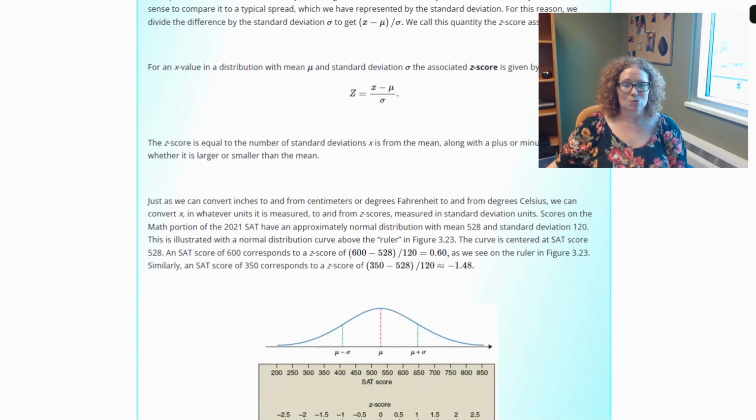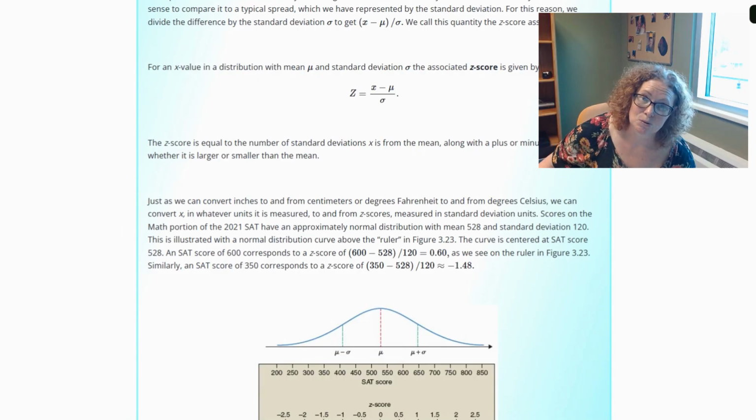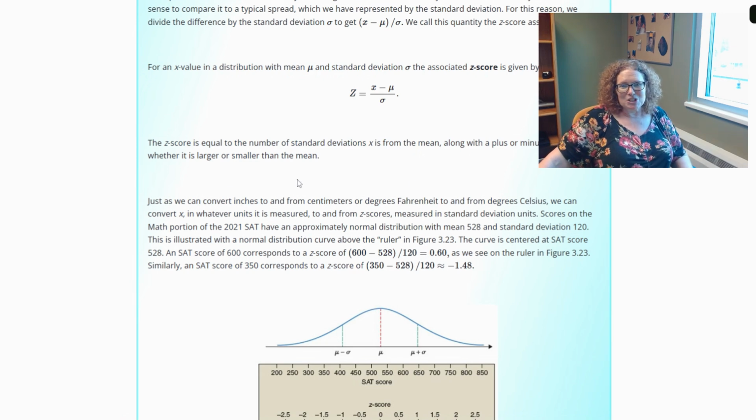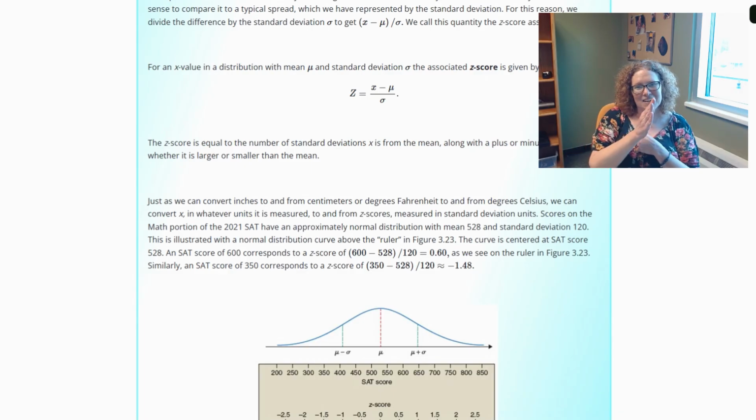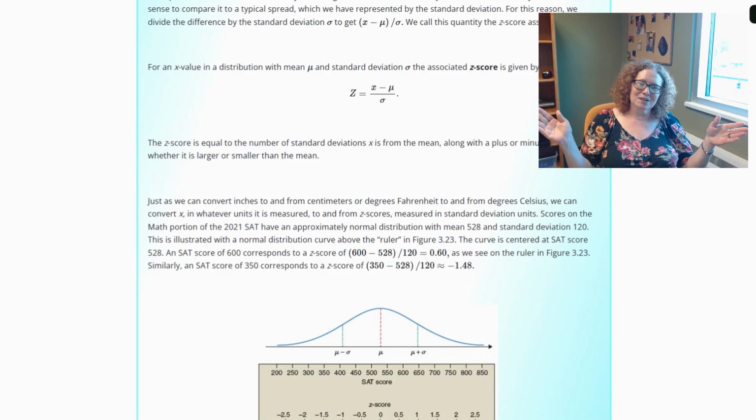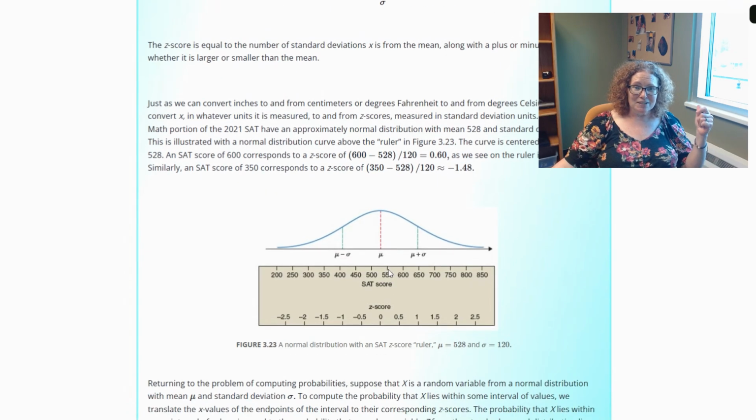So the z-score is equal to the number of standard deviations x is from the mean, along with a plus or minus sign indicating whether it's larger or smaller than the mean. So we want to know whether it's on this side of the mean or on that side of the mean, and we will do that by using positive or negative.